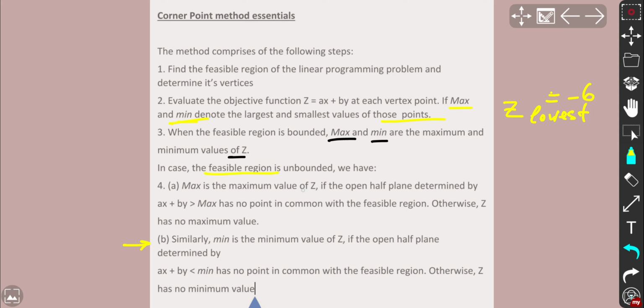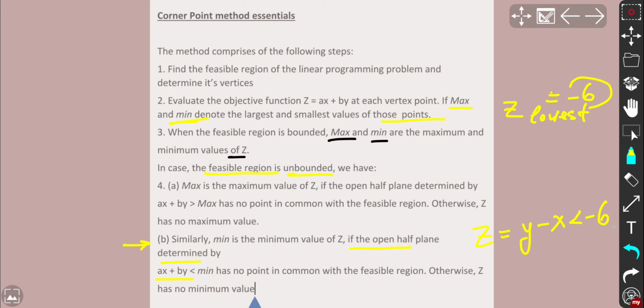In case the feasible region is unbounded, we need to find if the open half plane determined by that inequality, ax plus by, so that's our function. In our case, z is going to be y minus x, and the z value that we calculated as negative 6, z is going to be less than negative 6.